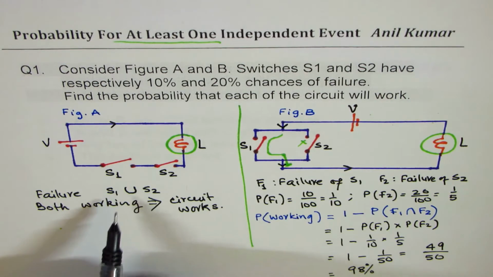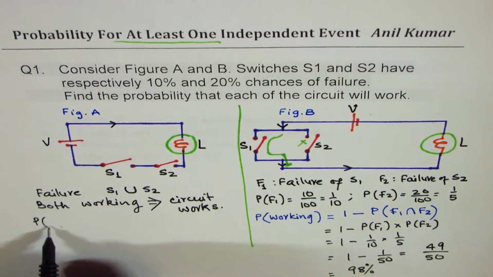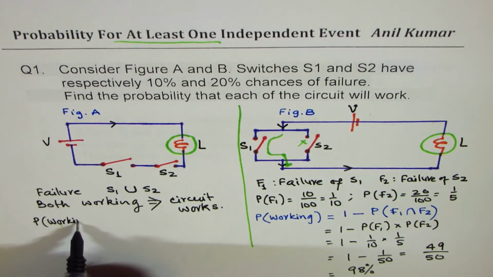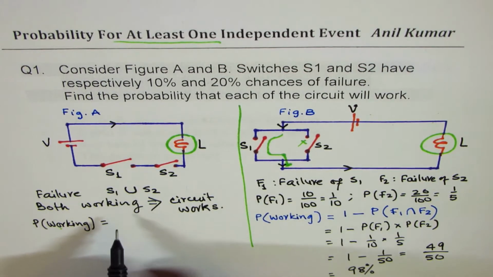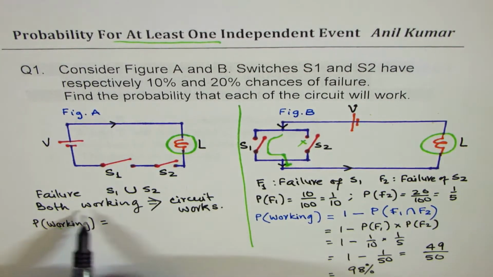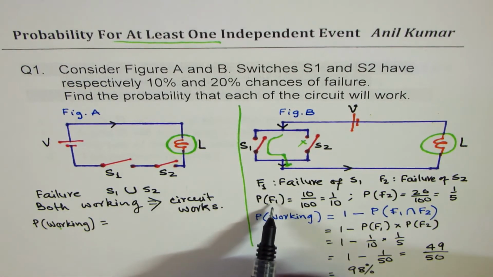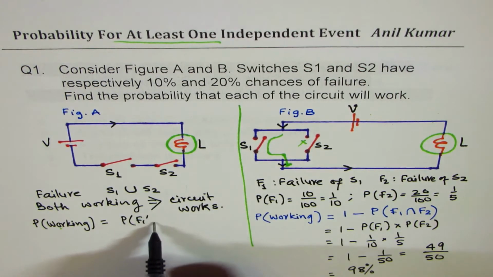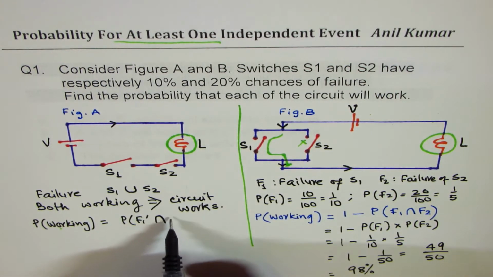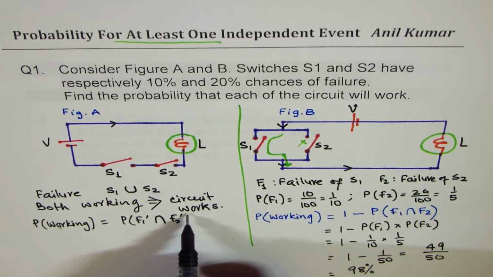So in this particular case, probability for working will be equal to both working, that means probability of not failing of the first one, intersection probability of not failing of the second one.